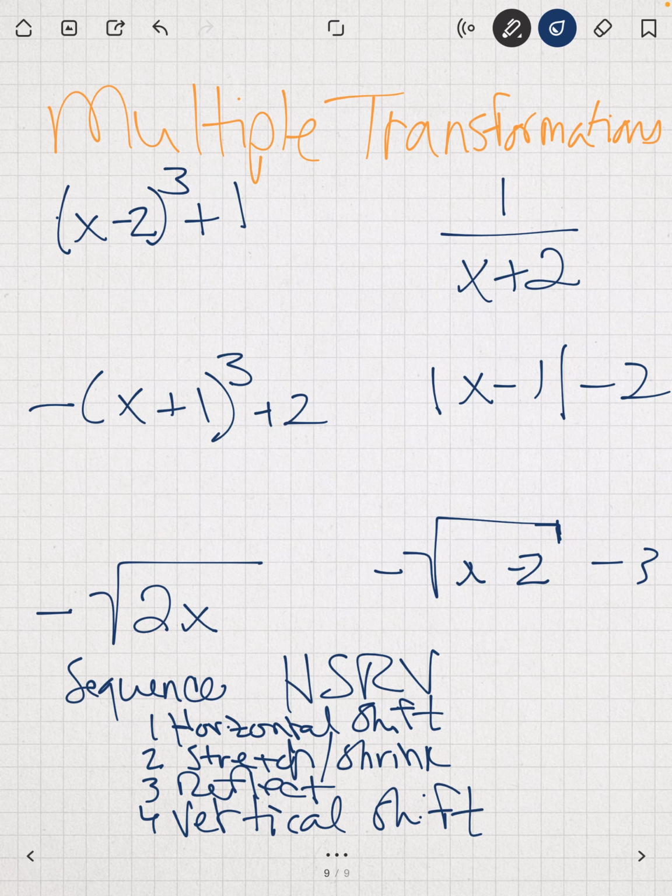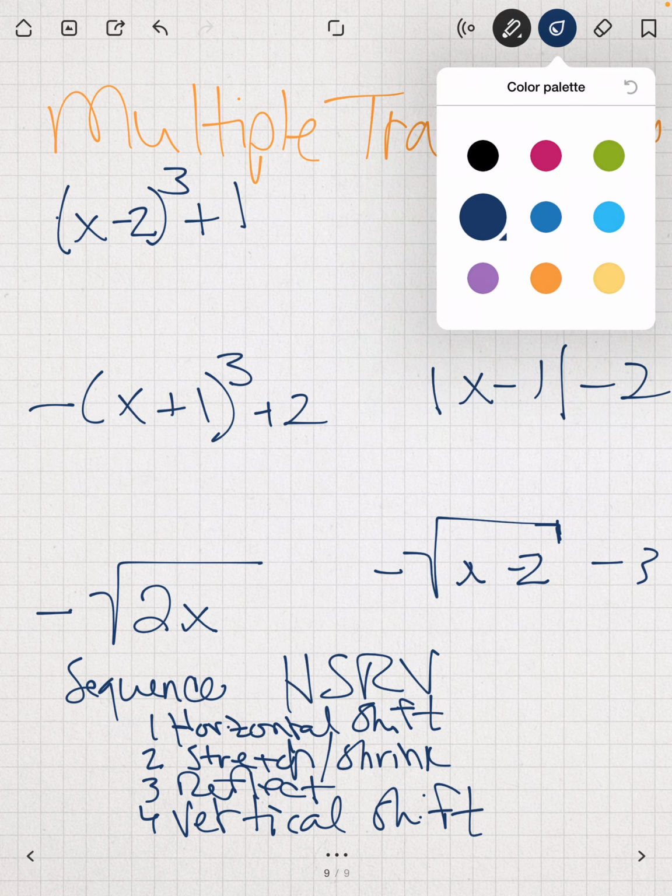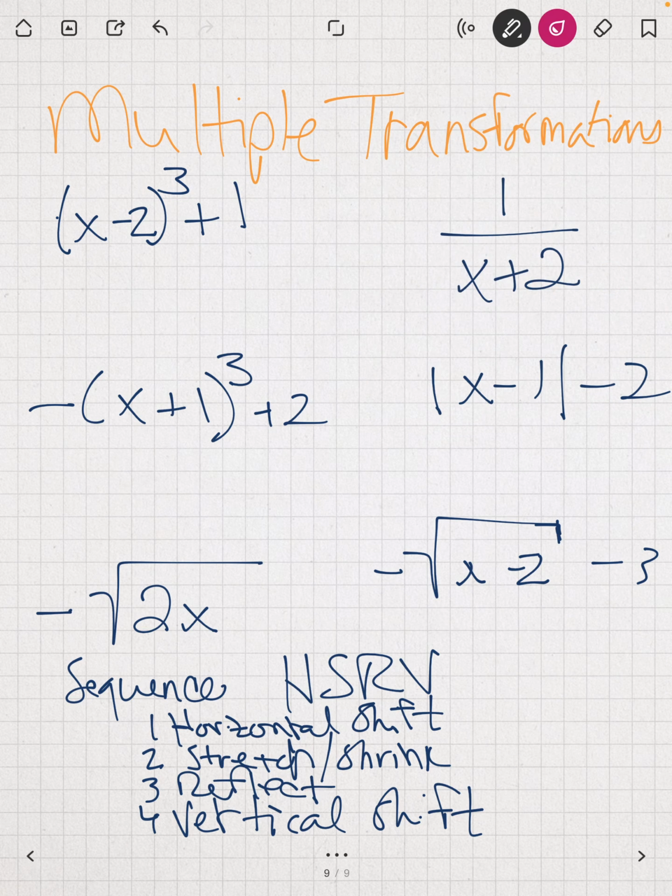And so for each, it's important that we identify our library function. And so here, x cubed is our library function. Our second one, x cubed, is still our library function. Square root of x, 1 over x, absolute value of x, and square root of x.